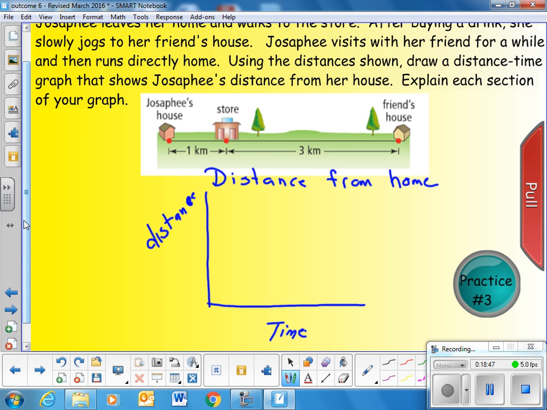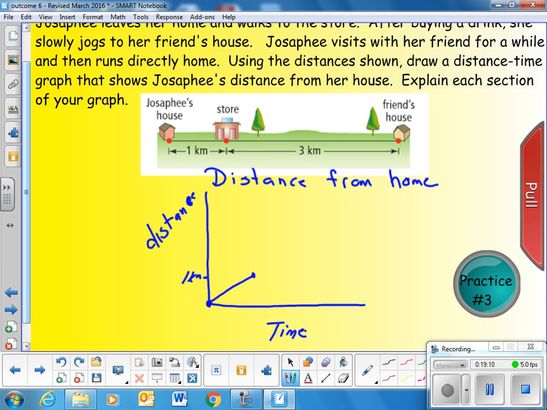So point A, or the starting point on our graph, would be when Josephine decides that she's leaving home. She walks 1 kilometer to the store. Now when she walks to the store, we want that to be kind of a moderate to low increase.